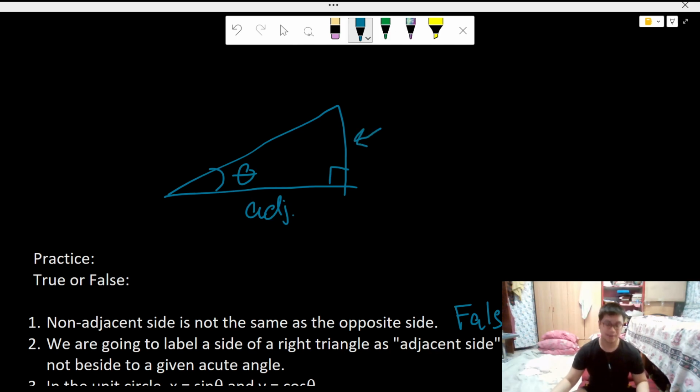This one, on the other hand, which is not beside this one, that will be what? Opposite side. Or, in other words, this is your non-adjacent side. So the answer is false. They are just the same, synonymous, basically, right?